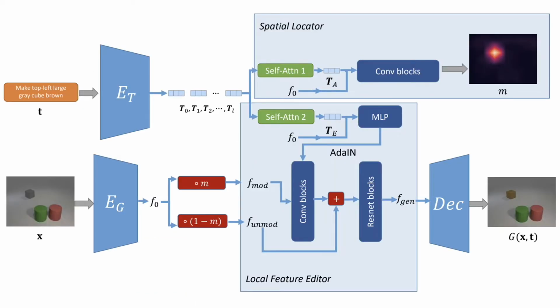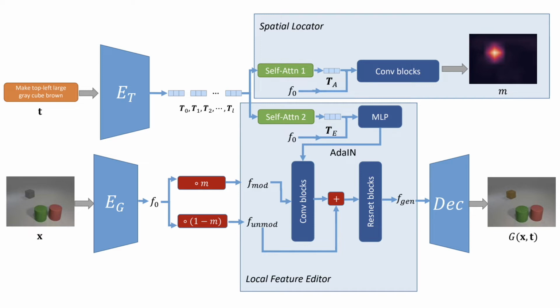Here is a figure demonstrating the pipeline of the generator. Basically, the left part is the encoding part, and the top right part is the spatial localizer.